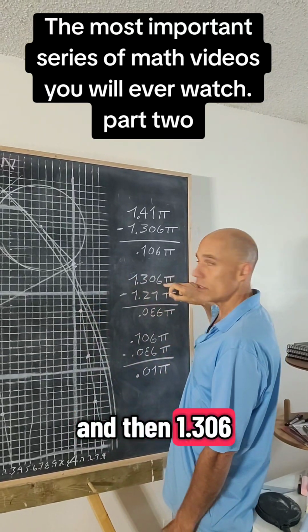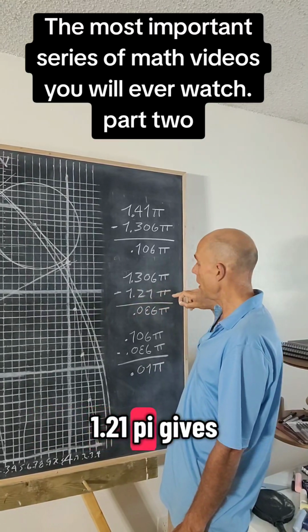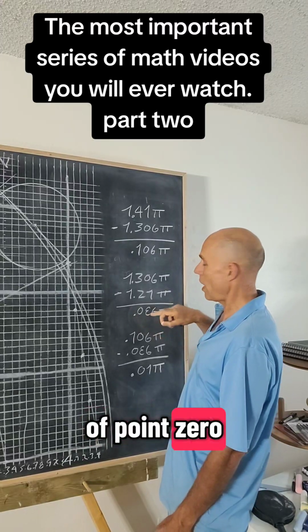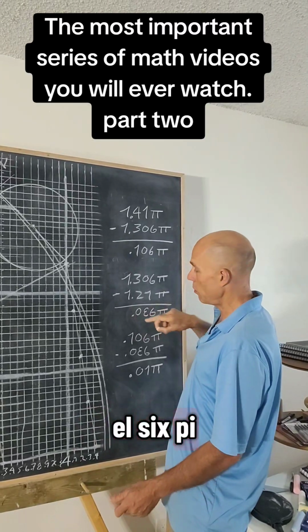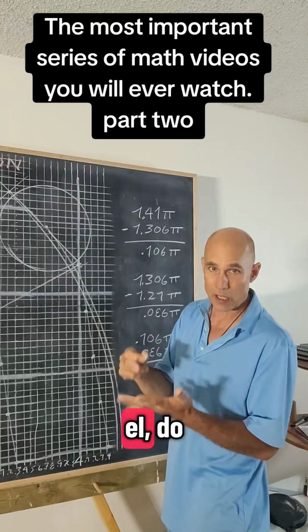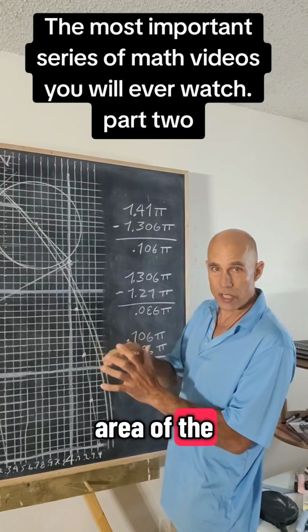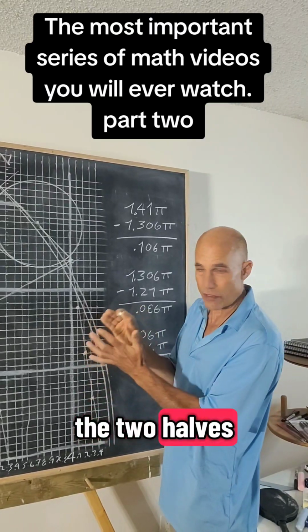And then 1.306 pi subtracting from that 1.21 pi gives us an answer of 0.0L6 pi. Remembering L, 1, 2, 3, 4, 5, 6, 7, 8, 9, dec, L, do. So that's the area of the inner half of the two halves of that ring.